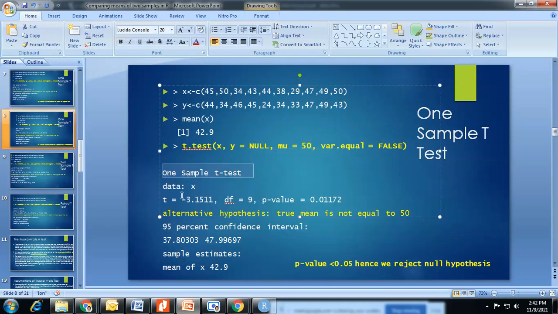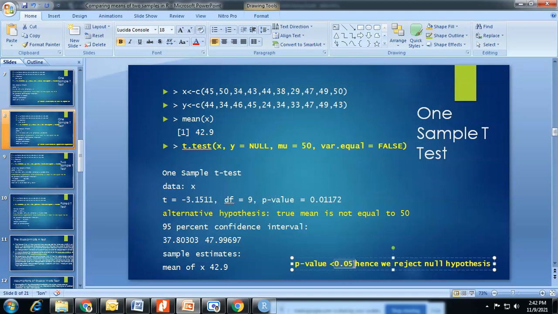So it is one sample t-test only, data input is x. Then t is the test statistic value, that is minus 3.1511. Degree of freedom is 9, that is 10 minus 1, that is 9. And then p-value is 0.01172. Okay, this is the p-value. So p-value is less than 0.05.